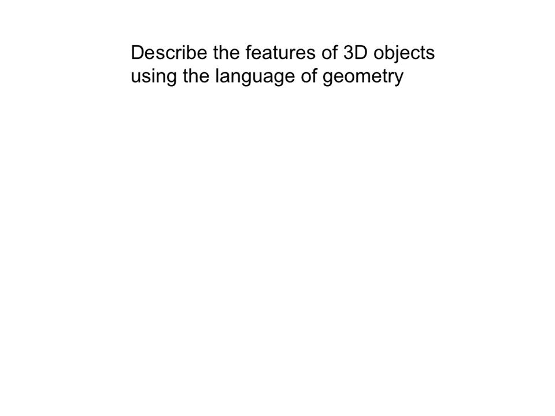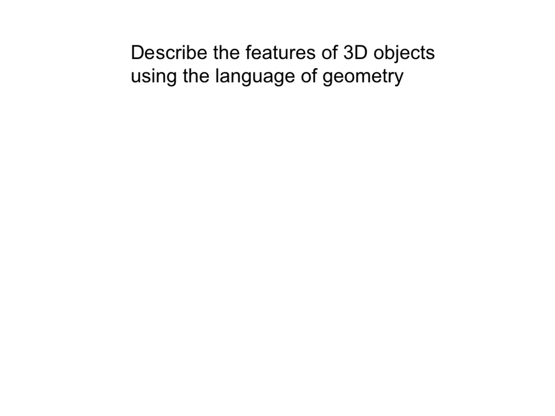This is a screencast on how to describe the features of 3D objects using the language of geometry. Now, before we start, we need to understand what a 3D object shape is.